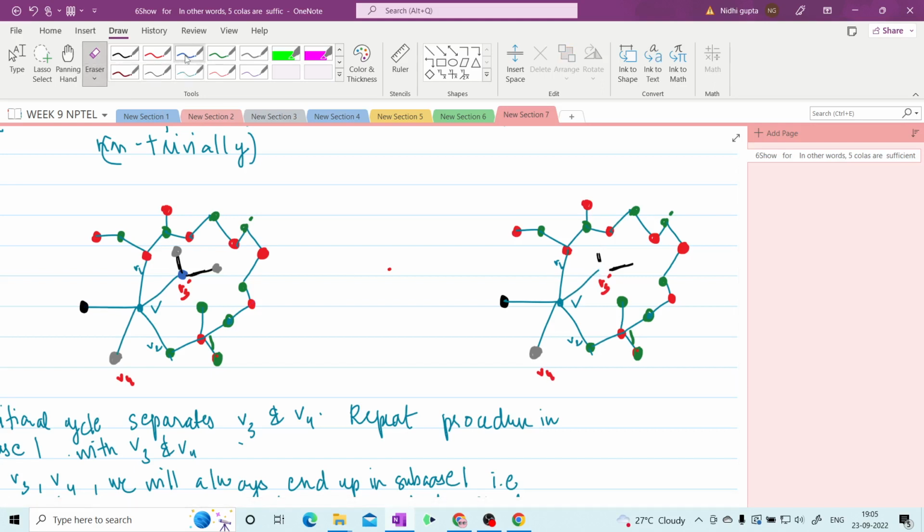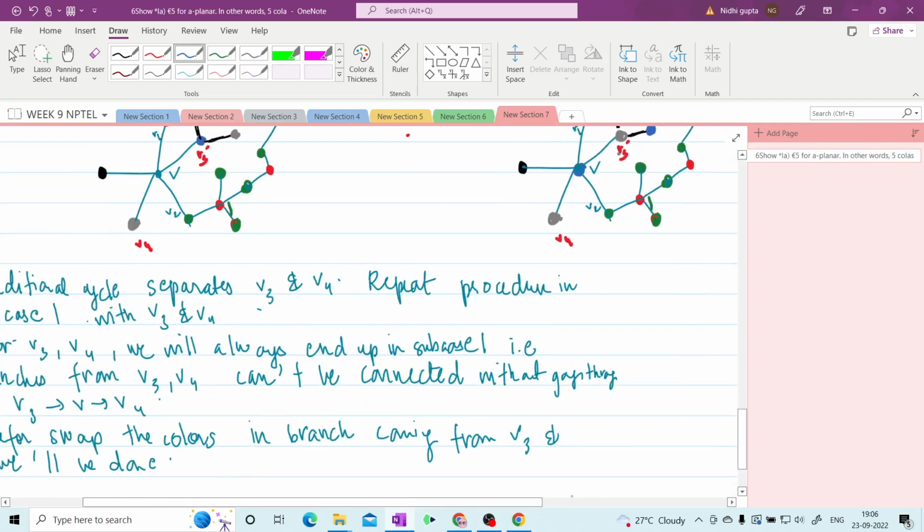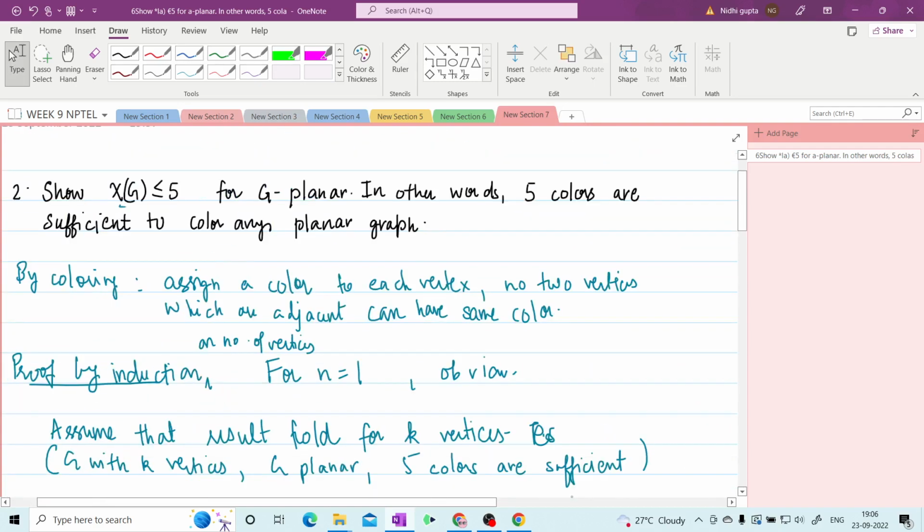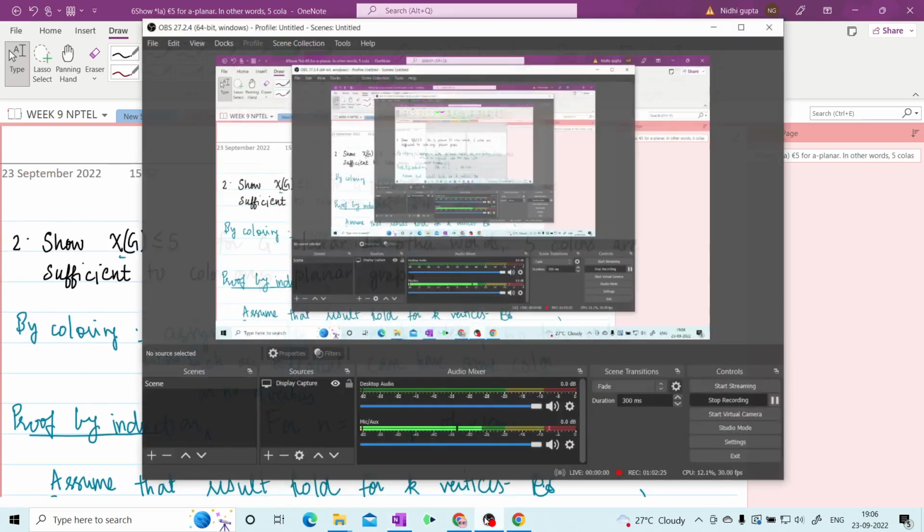By swapping colors we mean that we swap the colors, and now we see that both V3 and V4 have the same color, so we can give blue color to our V, and we are done. So this was the last problem, that is, any planar graph can be colored by 5 colors. Okay, so that's it. Thank you.